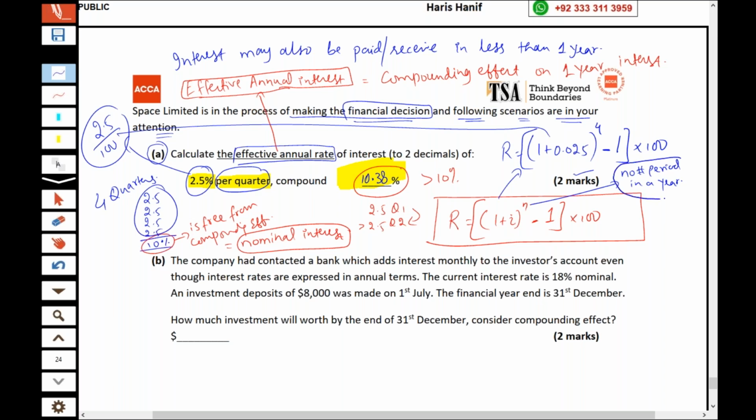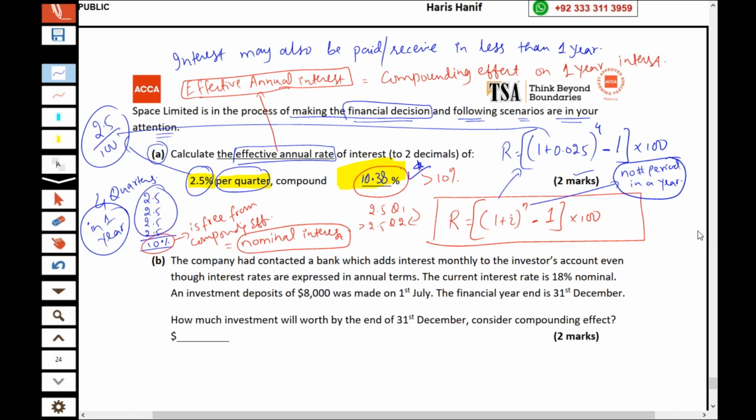See, it is written number of periods in a year, and in 1 year we have got 4 quarters, and the nominal interest is 10%. So this is my effective annual interest rate.